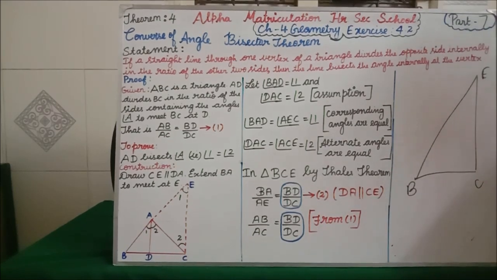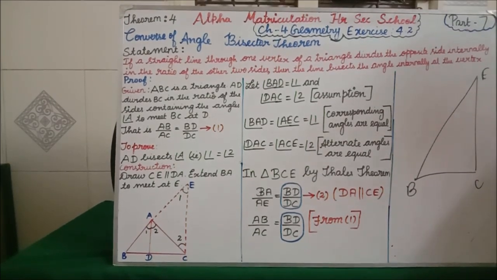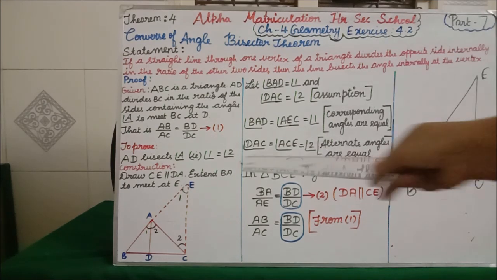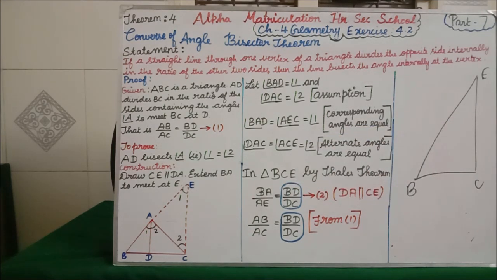Now we all know, in the construction we have written, CE is parallel to DA. So we have CE. Then I have to draw that DA line, this middle line. Okay, here A is there, here I am drawing D.